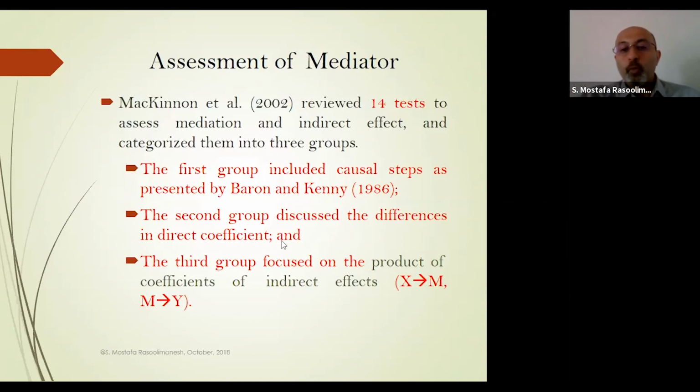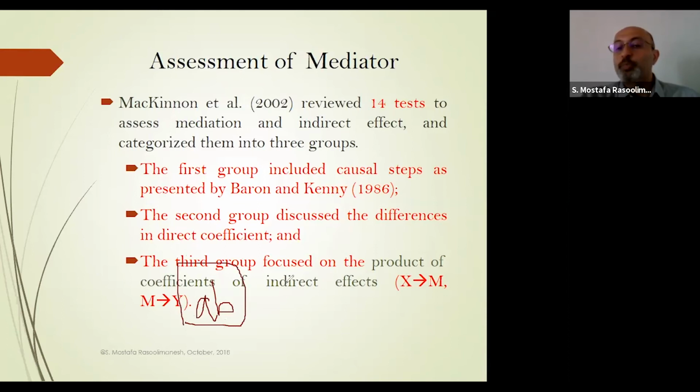Another group, we assess C minus C prime. This is the second group of tests. And the third group, which is now the acceptable method for assessment of a mediator, is assessment of the significance of the product of coefficient, or indirect effect, AB.